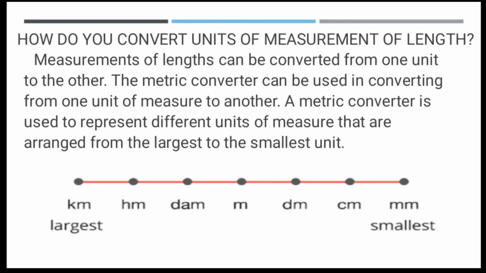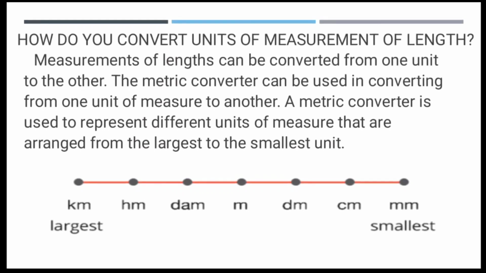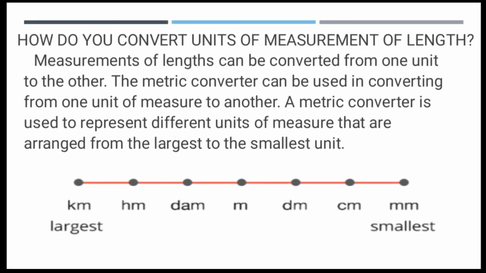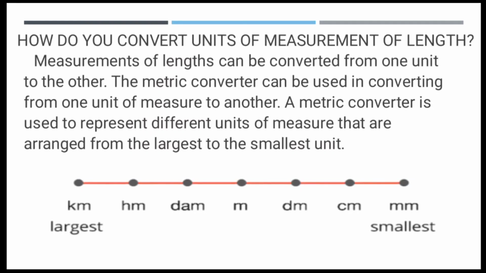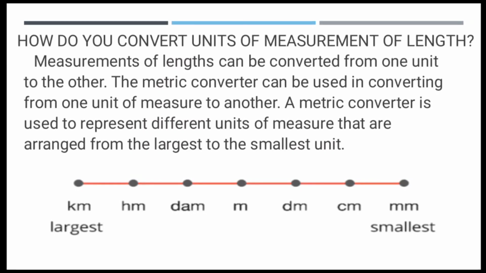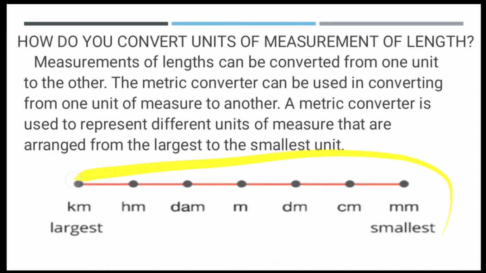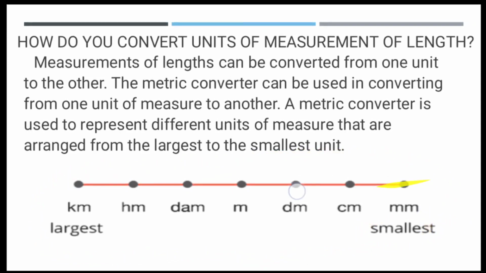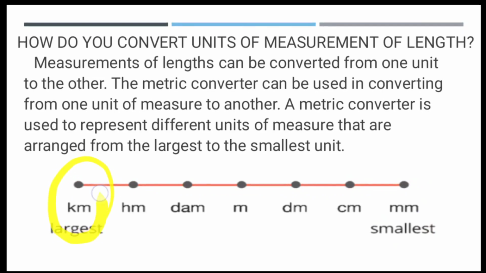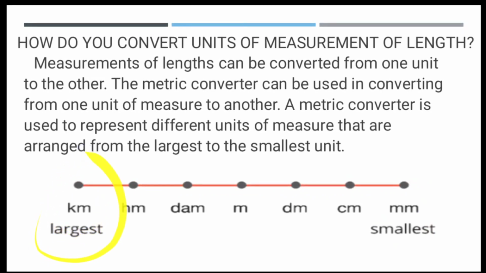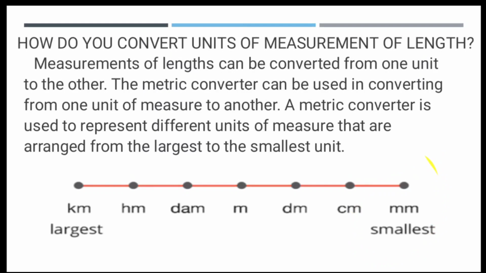A metric converter is used to represent different units of measure that are arranged from the largest to smallest unit. So these are the metric converter. On the left side we have the largest, and on the right side we have the smallest.